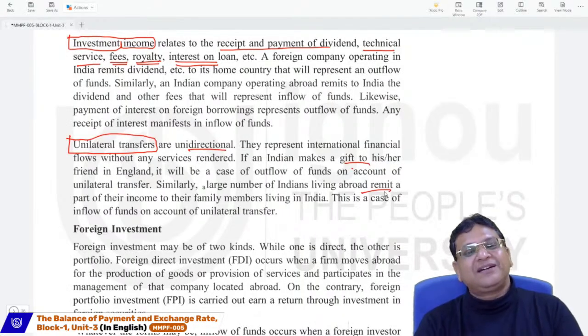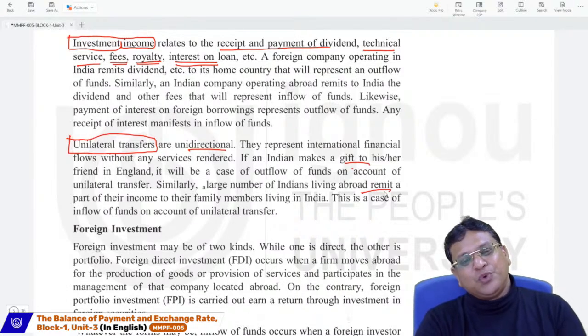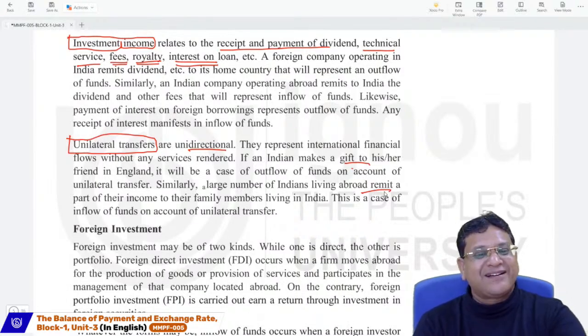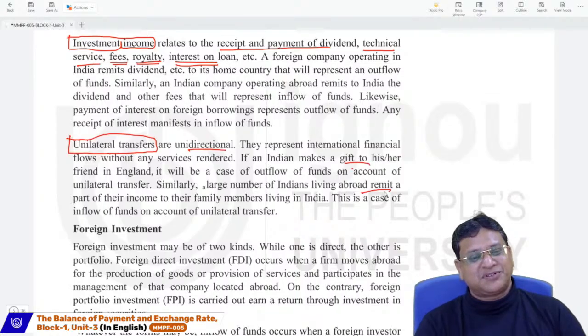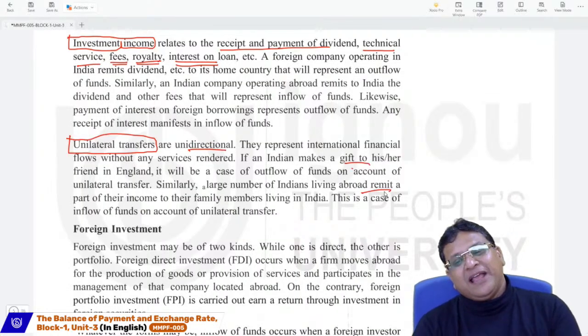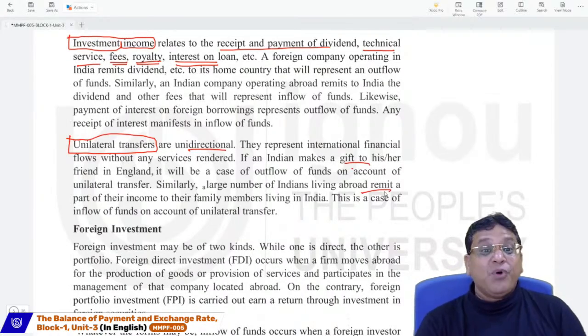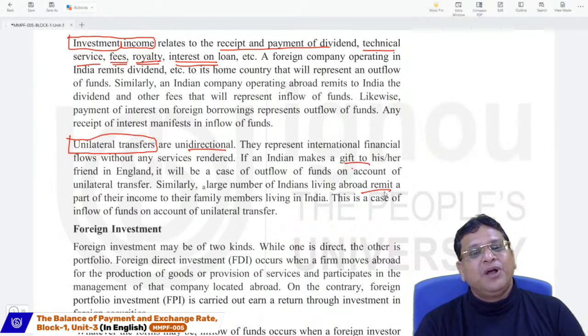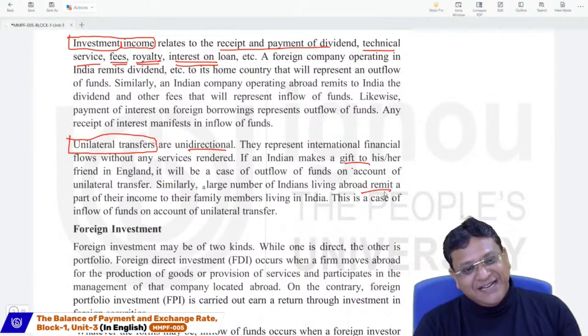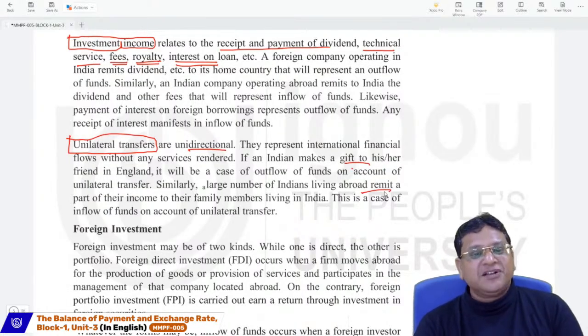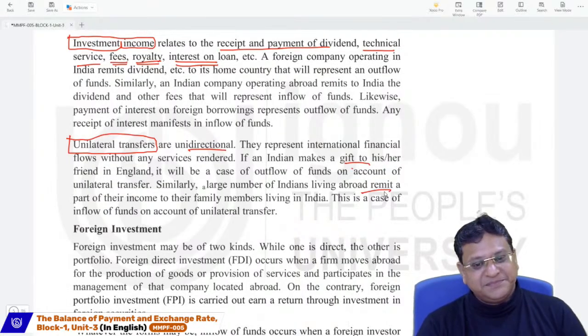It's a unilateral transfer. Transactions occur if there is a transfer of goods or services, but these are only transfers, unilateral transfers. We receive a major portion of our foreign currency inflows in the form of remittances from NRIs who are residing throughout the world and sending money to their near and dear ones residing in India.